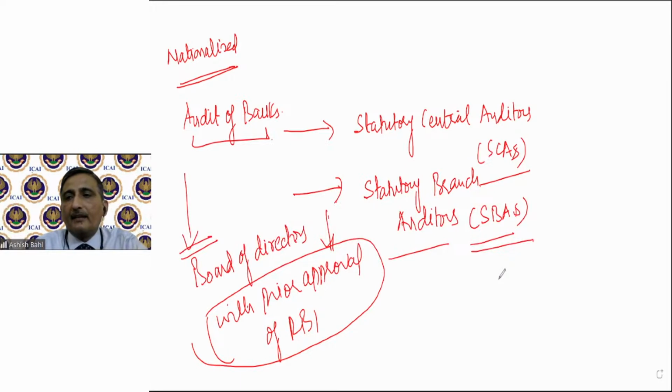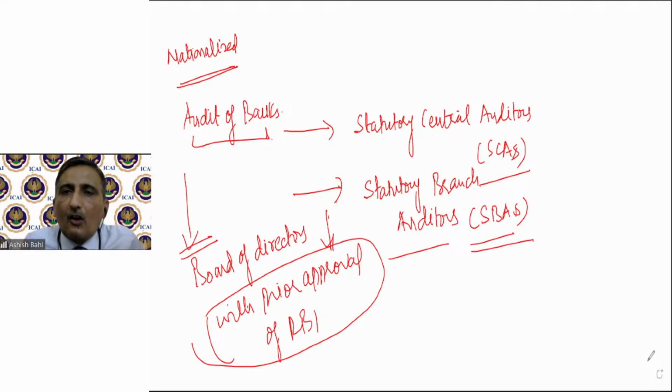And how does this operate practically? Students, there is a form which is to be filled by the audit firms. So the panel goes to RBI, and RBI, after vetting it, sends it back to ICI. The panel is prepared by ICI, but ICI has the role only of preparing the correct panel.